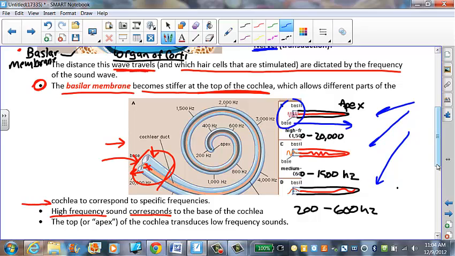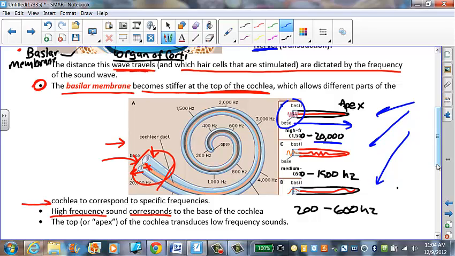Higher frequency sounds from about 1500 to 20,000 hertz are more active and detected at the base of the cochlea. So it seems like the base of the cochlea responds to higher pitch frequencies where they peak.